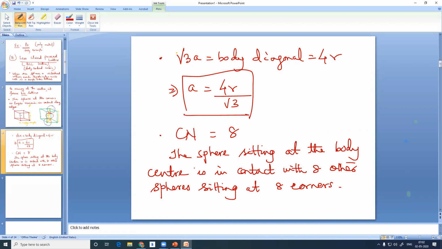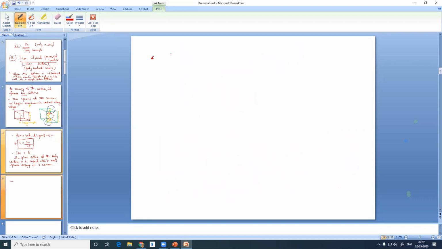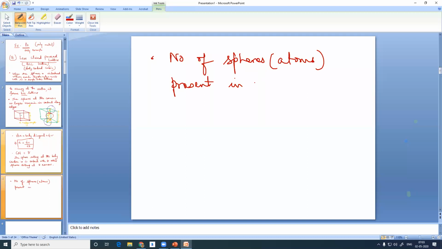Then tell me, after this, I would like to ask the number of spheres or atoms in a metallic lattice, we call atoms, present in one BCC unit cell.